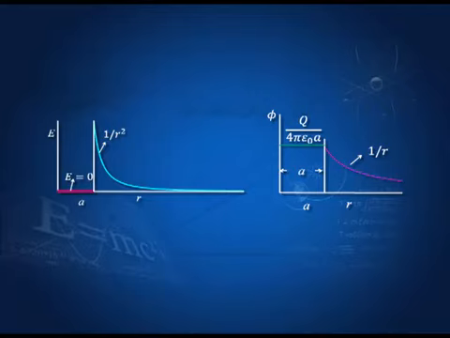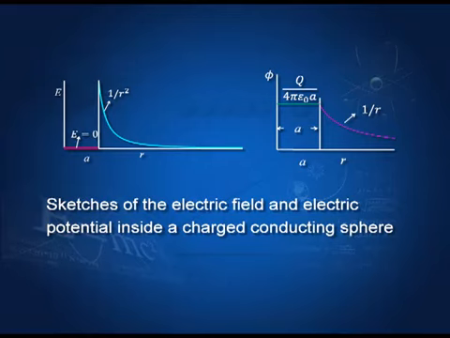Because E is equal to 0, the potential inside is constant, and this constant potential has the same value as at the surface of the sphere, and from that point outside the sphere it varies as 1 by r. Inside the potential is constant. The electric field inside is 0, and from the surface outwards it varies as 1 by r squared.